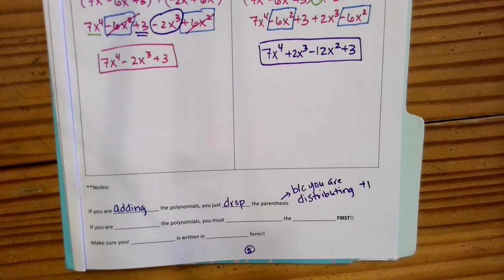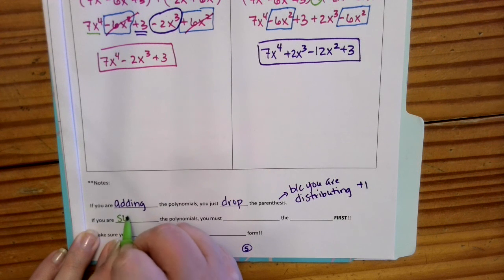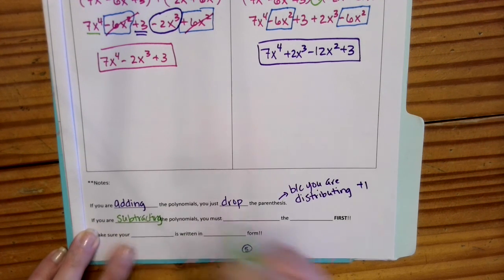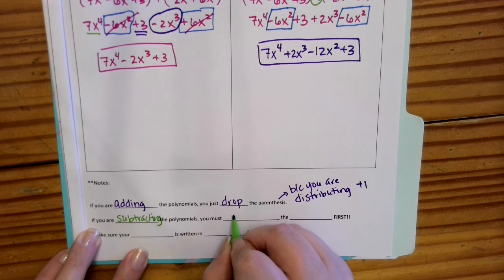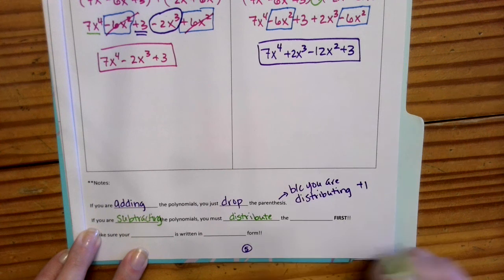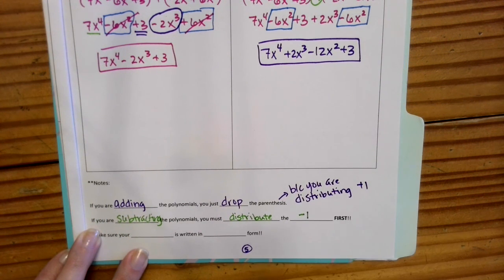But the important part here then is that if you are subtracting the polynomials, you must distribute the negative first. And it's a negative 1.